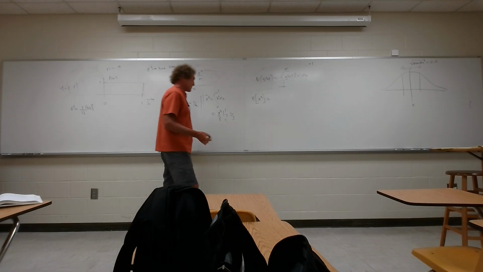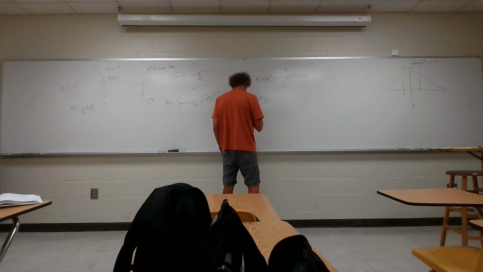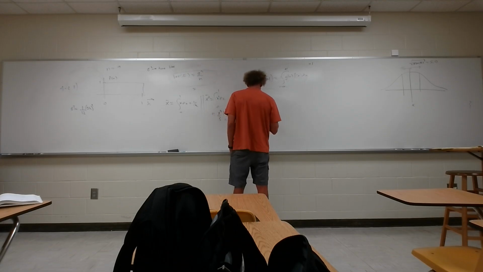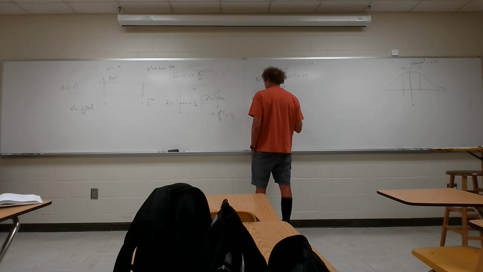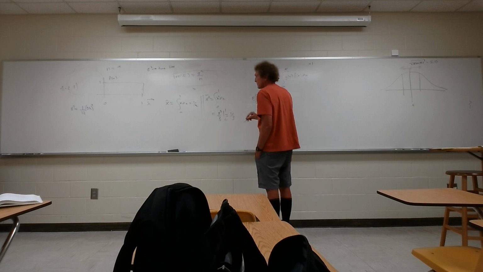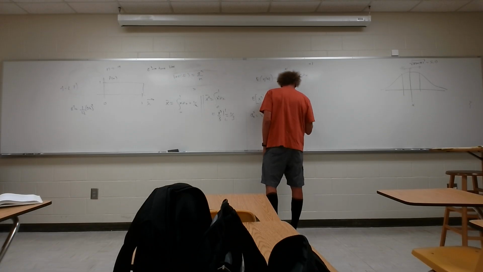All right, finally, now if you want the variance of this, and I'm going to just call it the variance of x, that's equal to x squared bar minus x bar squared, and that's going to be equal to 1/3 minus 1/4, and that would be 1/12.